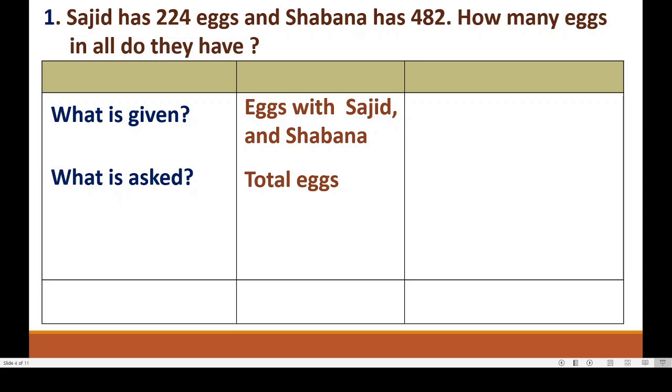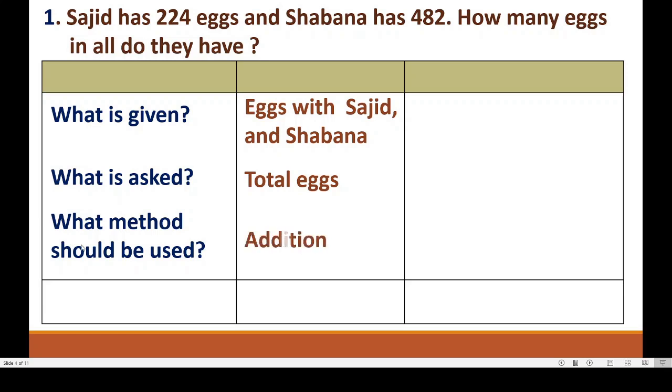Isn't it? Next is, what method should be used? You know there are 4 types of operations in mathematics, that is addition, subtraction, multiplication and division. Here among those 4 we have to use addition.